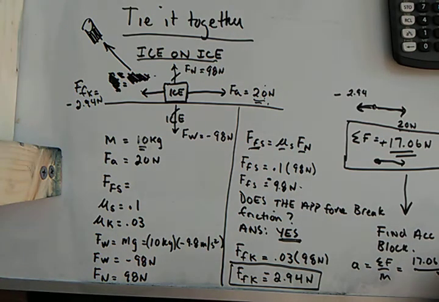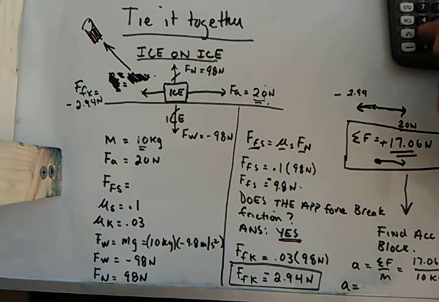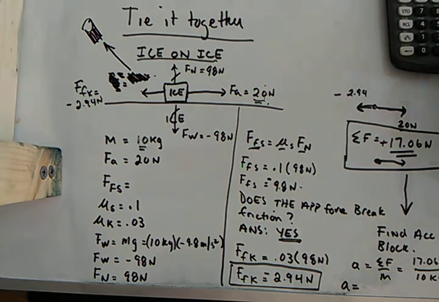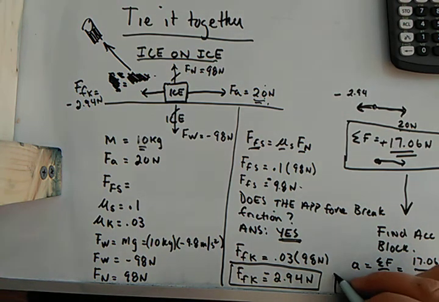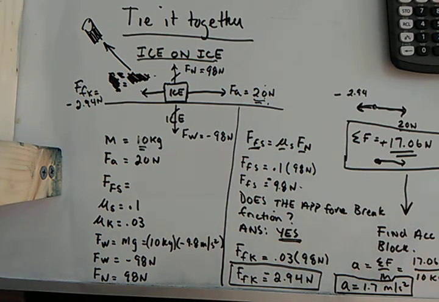We've got a mass of 10 kilograms. So 17.06 over 10, the acceleration is 1.7 meters per second squared. Okay, and that actually ties up this whole problem.